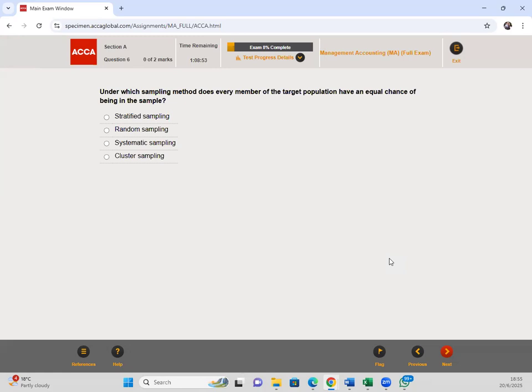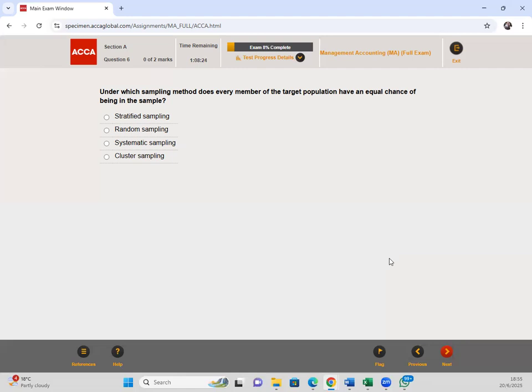We randomly select the strata. We can say in Zimbabwe, we can break down Zimbabwe into different provinces, then we randomly select a province. In those provinces, maybe we break the province into different districts, and we randomly select the districts. So it means in stratified sampling, not every member has equal chances of being picked.